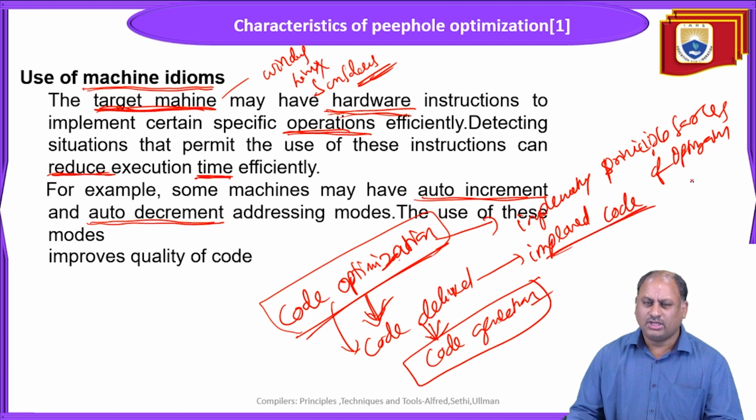improved code, meaning that code is already processed with the implementation of all the principal sources, algebraic forms, machine idioms, and constant folding, unreachable code, flow of control, structure preserving transformations.